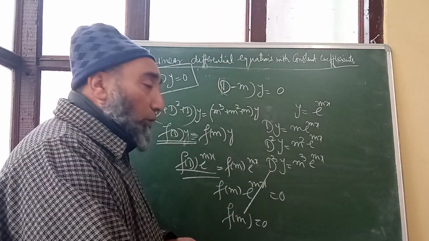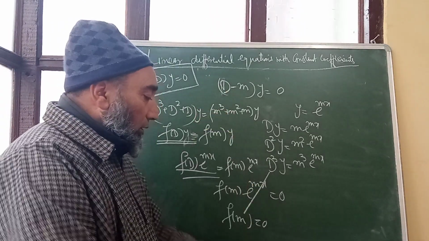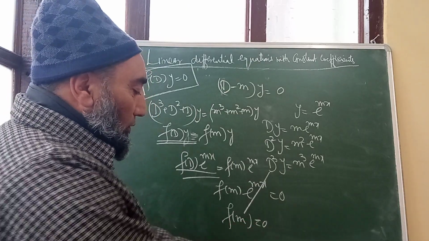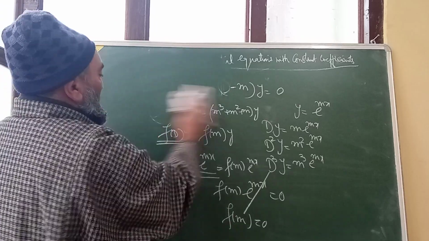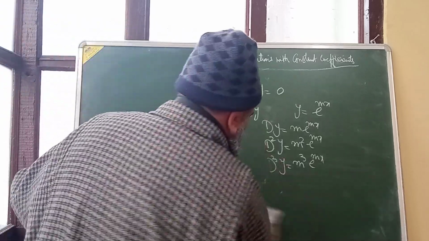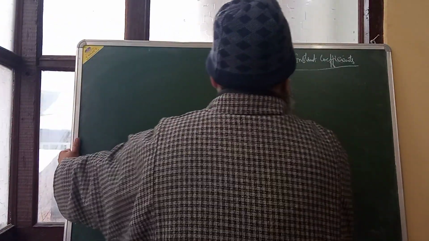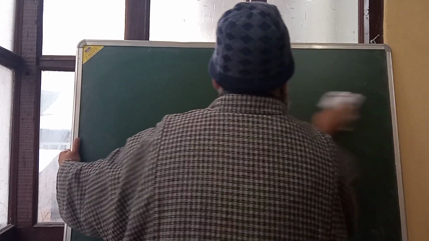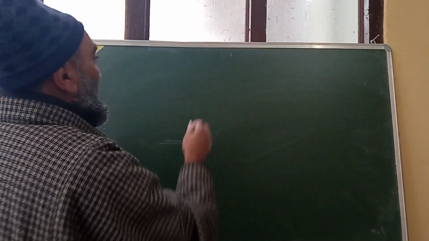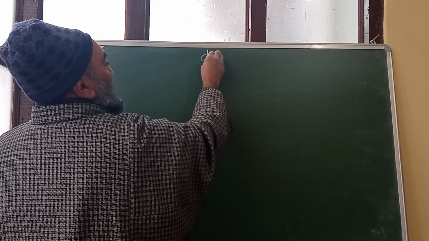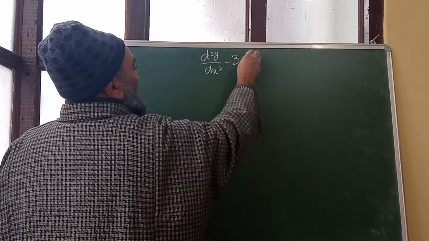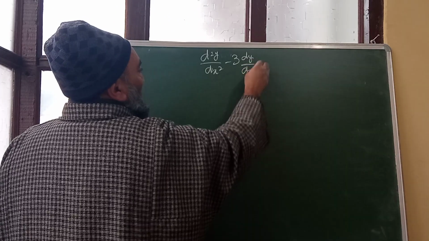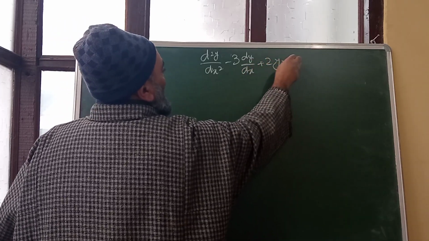Let me take a few questions to understand all the fundamentals that I have told you so far. Let me have this question: d2y/dx2 minus 3 dy/dx plus 2y equal to 0.